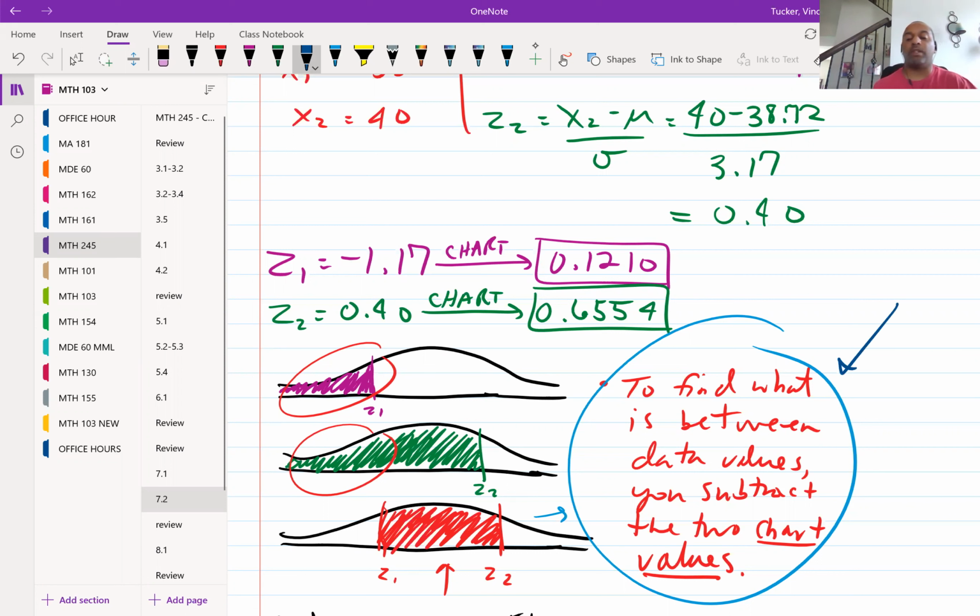So whenever dealing with between, now you don't always have to draw it out, but I'm just giving you a visual like I mentioned. So to find out what's between the data values, you subtract the two chart values from each other.